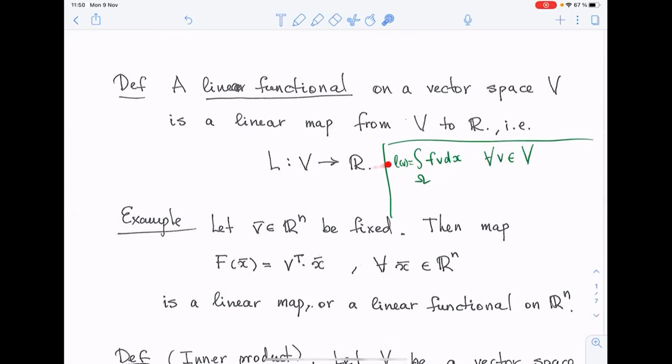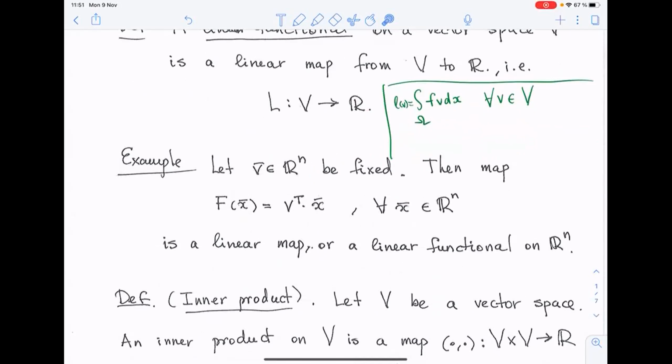So we use a lot of these linear functionals because when you write variational formulation, we work with integrals. And you should think that once you change the functions, the results of the integrals are just real numbers. I mean, in general, it could be complex, but I think we just restrict our discussion to real numbers.